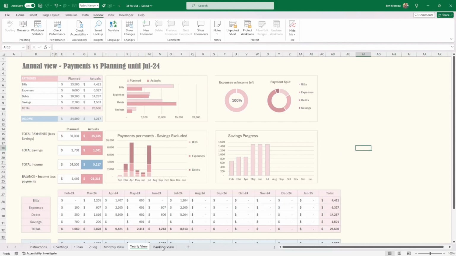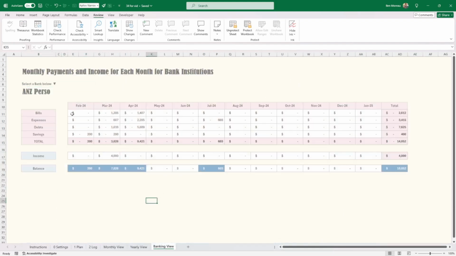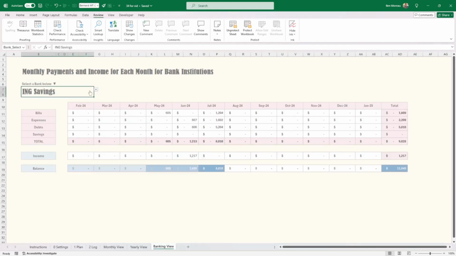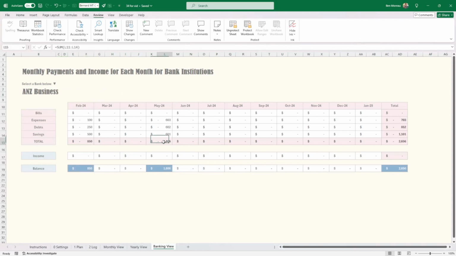Banking view, optional. Here you can select a bank. This one has this amount. So that's if you want to go to your bank statements at the end of the year, or even at the end of each month, and say, okay, I have 1,800 down here for that month, and you check here if you agree with it or not.